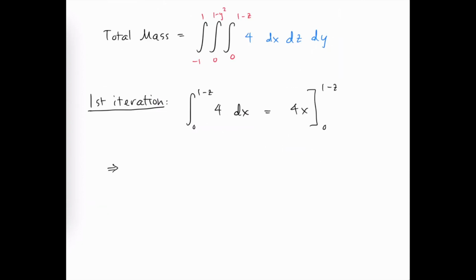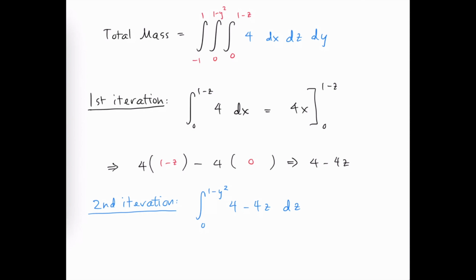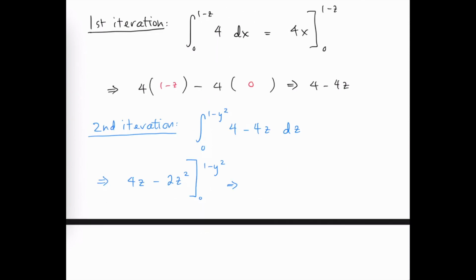So our first iteration has an antiderivative of 4x, and then we plug those limits into the x variable, and then that becomes the integrand for the second iteration, now integrating with respect to z. And we get this antiderivative, and we plug in our upper limit. Plugging in the lower limit of 0 means that we're just going to be subtracting 0.